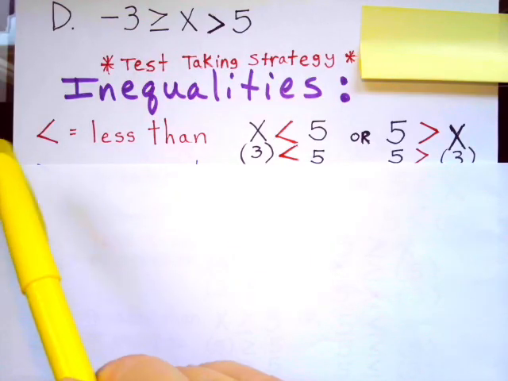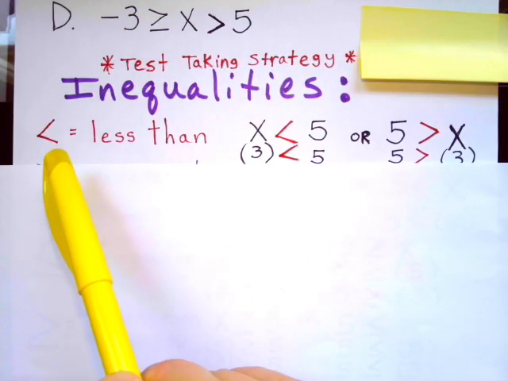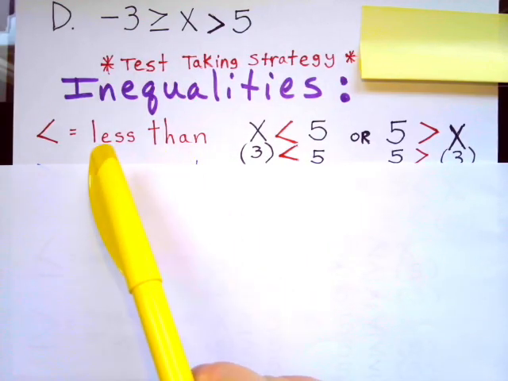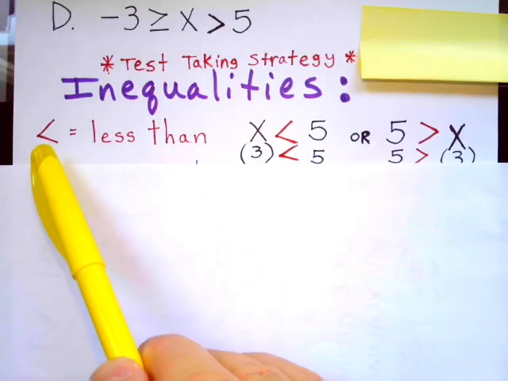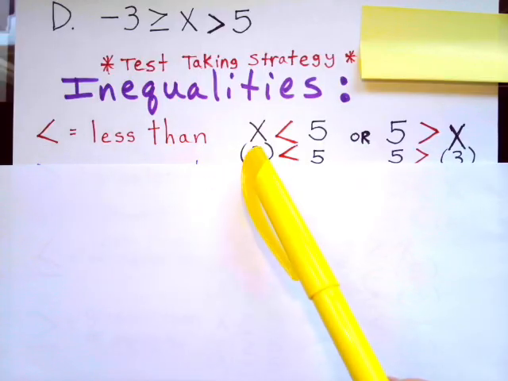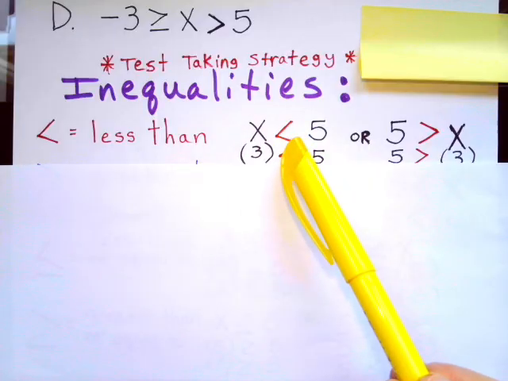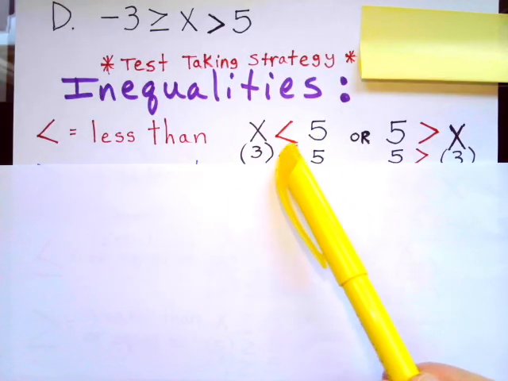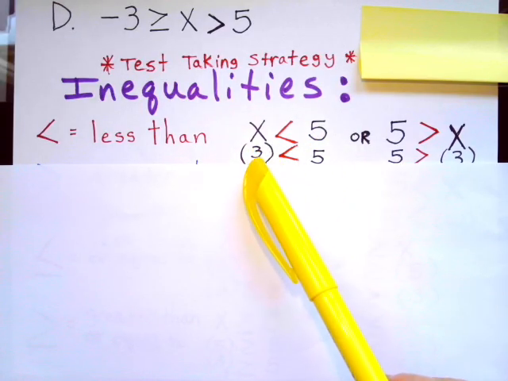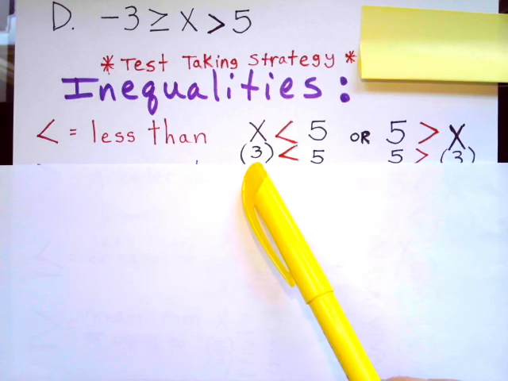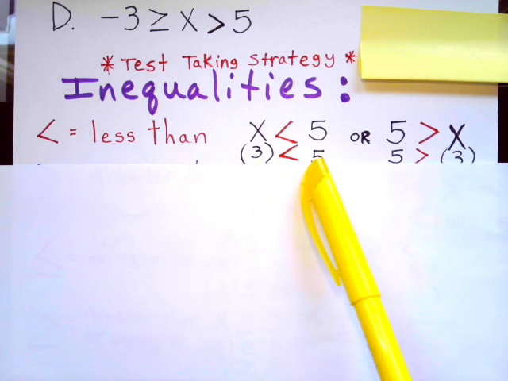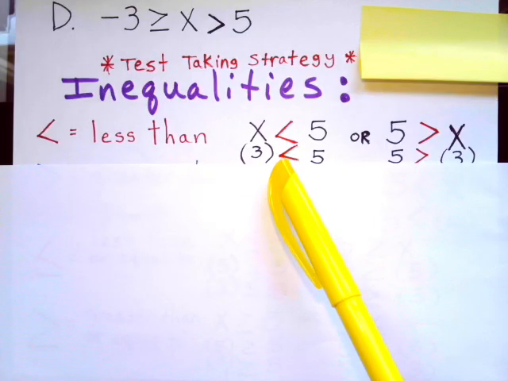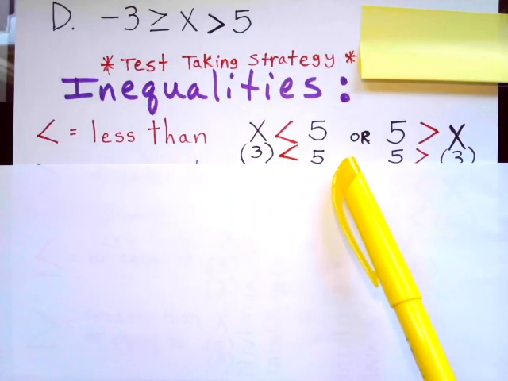So this symbol here, as it points to the left, means less than. So x is less than 5. And if I substitute a value for x, let's say 3, you can see how that makes the statement true. 3 is less than 5, or 3 is smaller than 5.